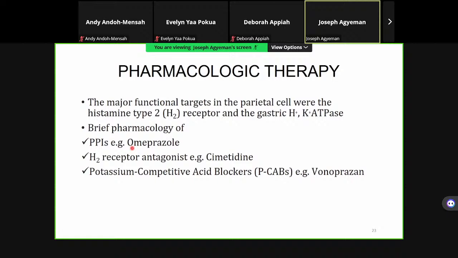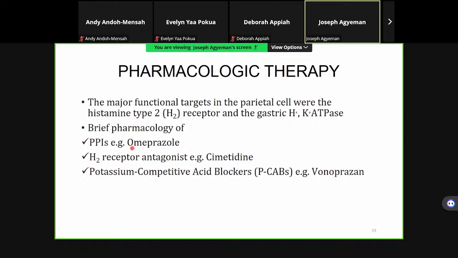I say it again. You take the drug 30 minutes before meals. So by 30 minutes time, you will have a higher amount of the drug that will move from the blood into the areas around the parietal cells, the acidic areas.